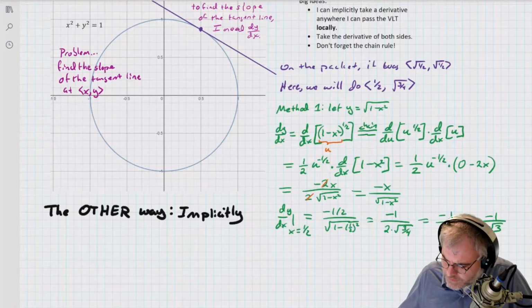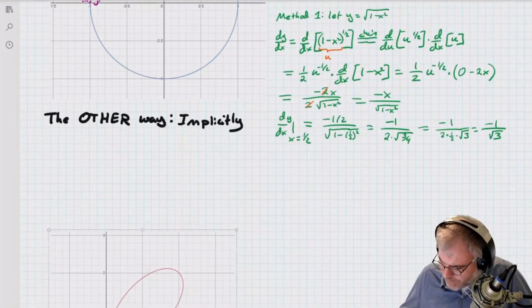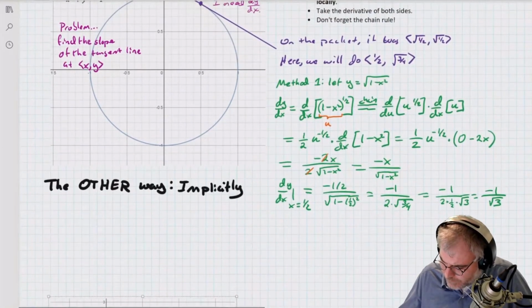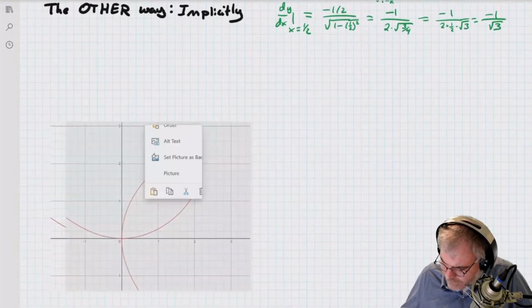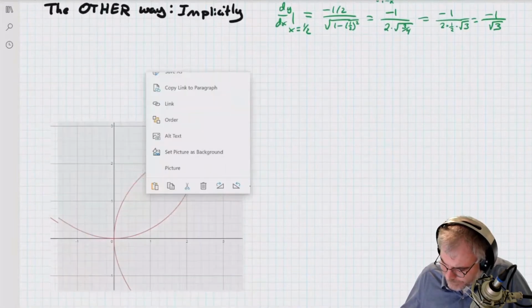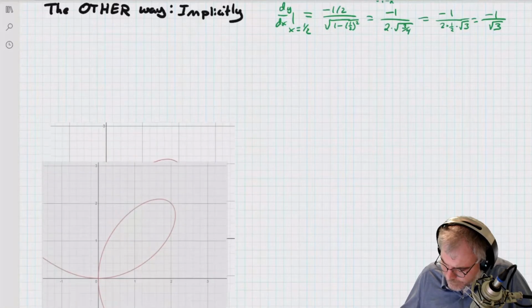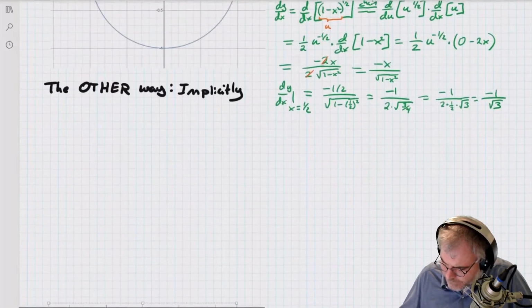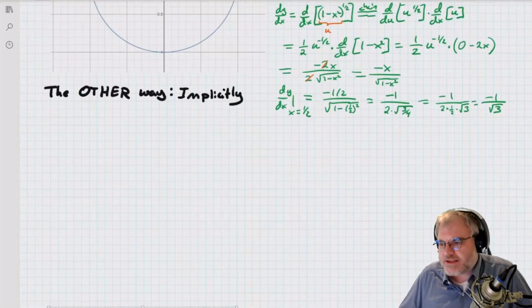So what I'm going to do, this should not be showing up yet. Let's move the folium down. That's the next graph. Okay. The other way is to do it implicitly.